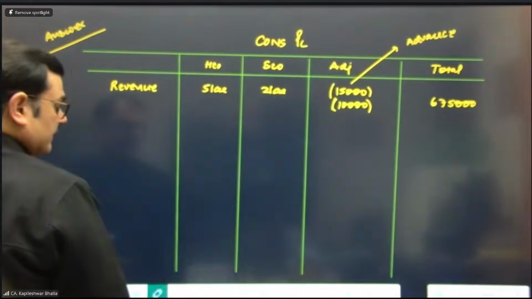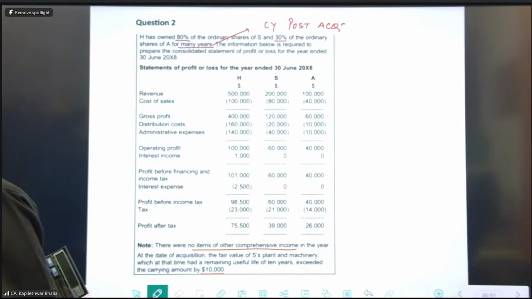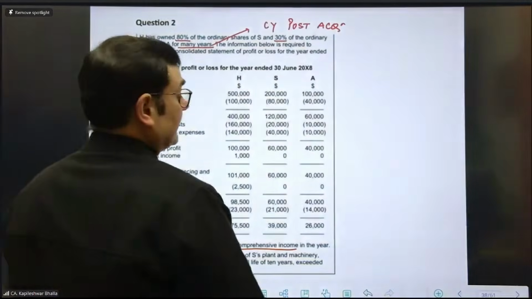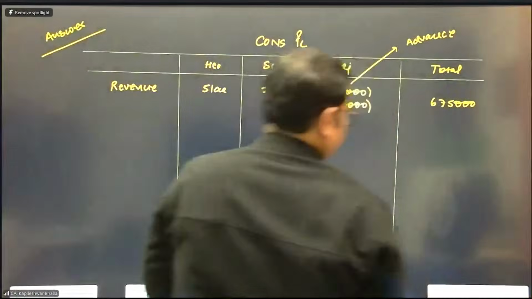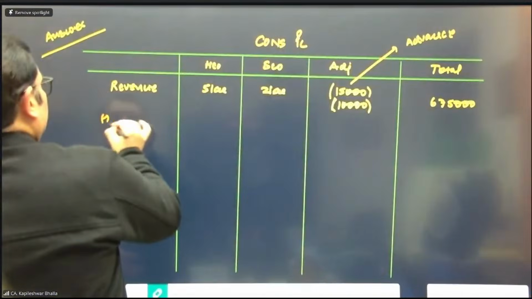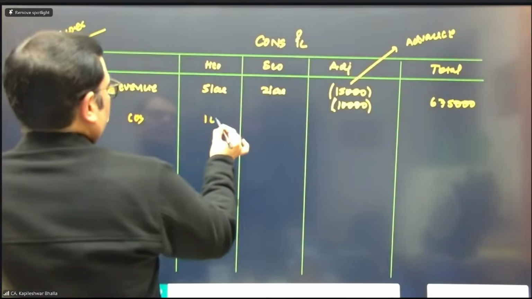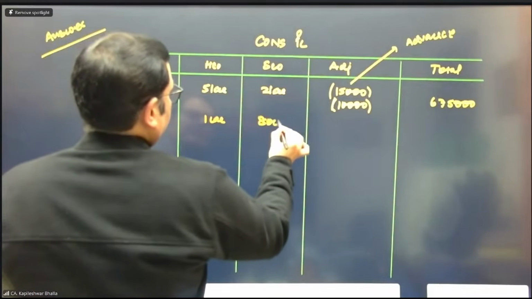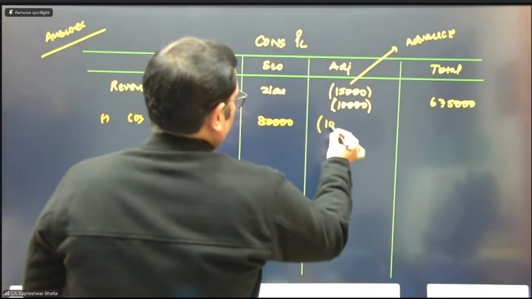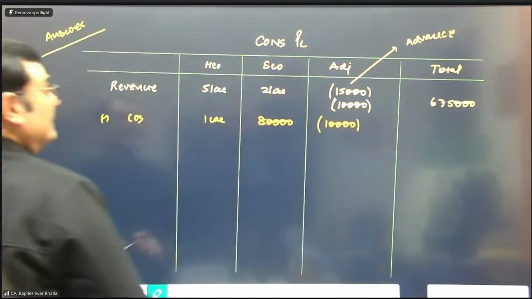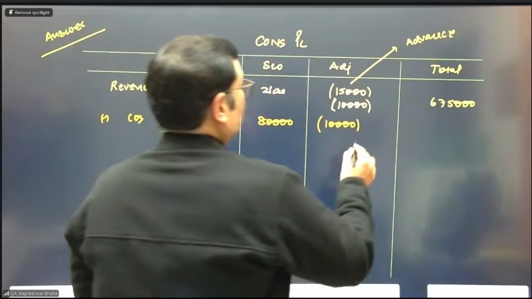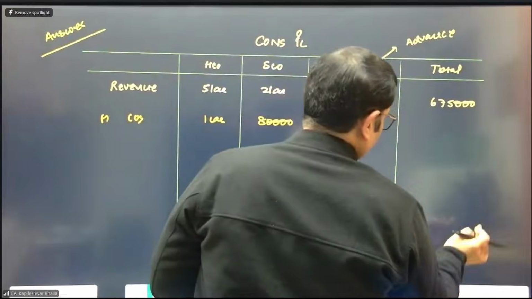Now let's go to the next line item. We've got cost of sale, 1 lakh and 80,000. First, we need to eliminate this 10,000 intercompany sale and we need to add the stock reserve.